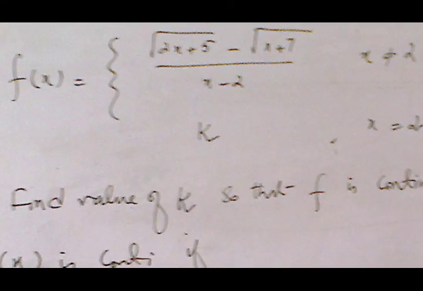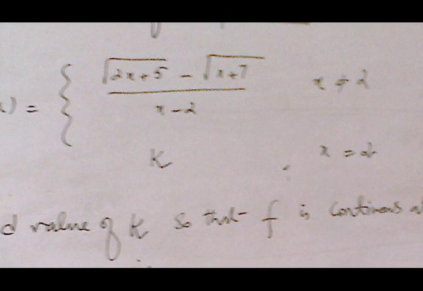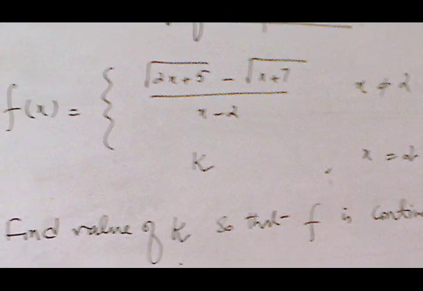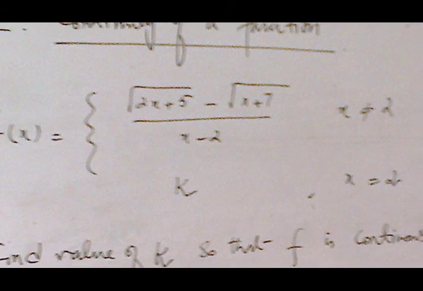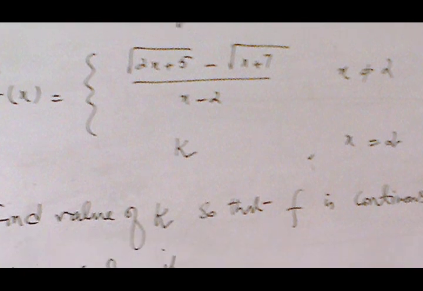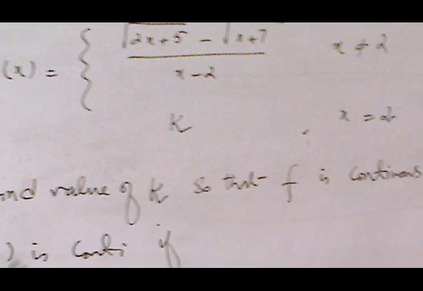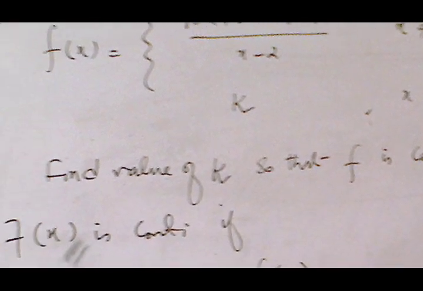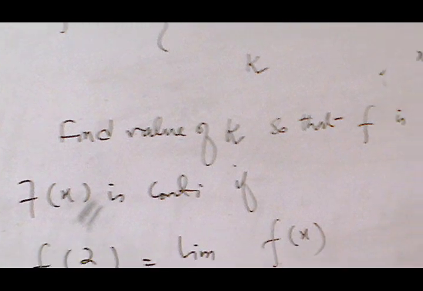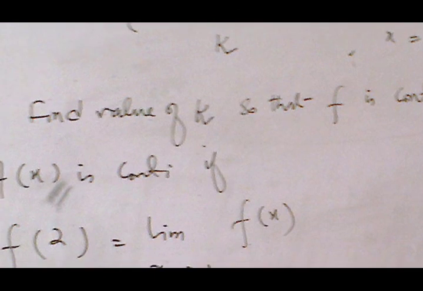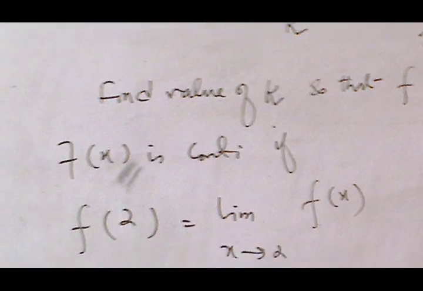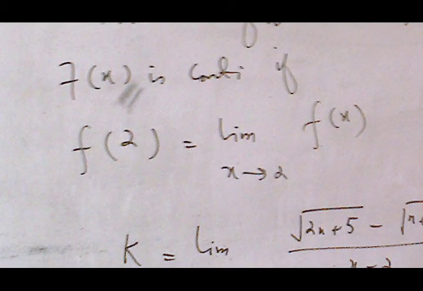Now here we have a function in two forms. One is for not equal. Not equal means left-hand, and for right-hand we apply the same function, and x equal to 2, f of c, gives the value k. Now find the value of k so that f is continuous at x equal to 2. F of x is given as continuous.